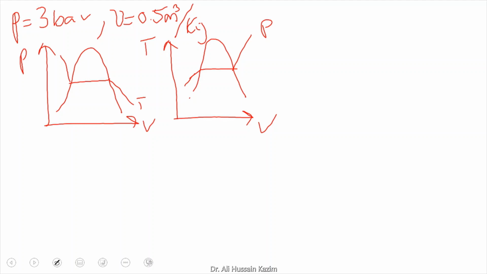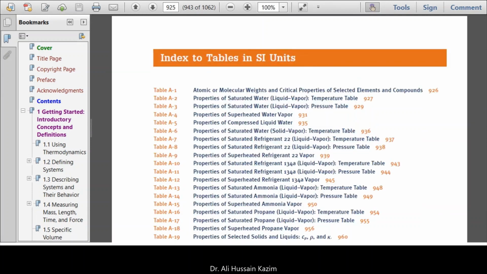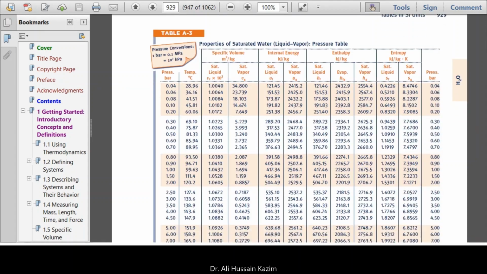So if we go to the tables, the pressure table is on page 929, in which the values are in respect to pressure.